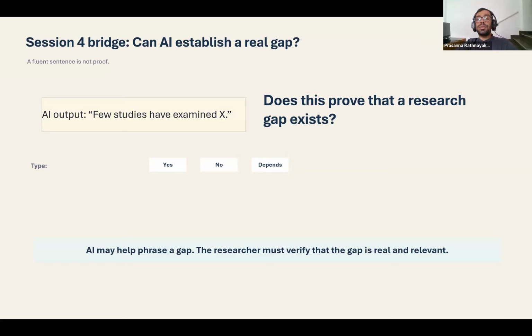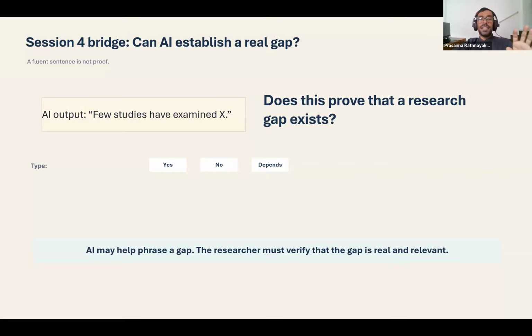This is also why today's portfolio artifact, which you are going to submit at the end of the day, includes a gap evidence note. If you make a gap claim, you should be able to say what evidence you still need to verify. So let us navigate through this path. I'm sure that you are going to be enlightened on how to begin your introduction with what we are going to do today.